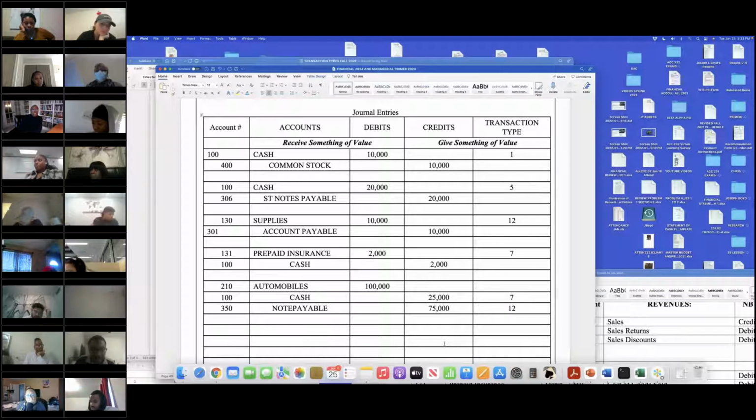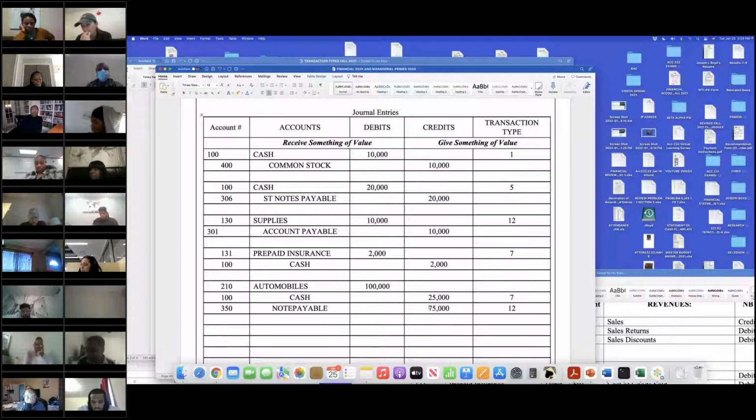Note payable, because it's formalized. When you buy a long-term asset and it's going to last more than a year, you have to pay on it longer than a year. It's just like a student loan. They make you sign for it, correct?